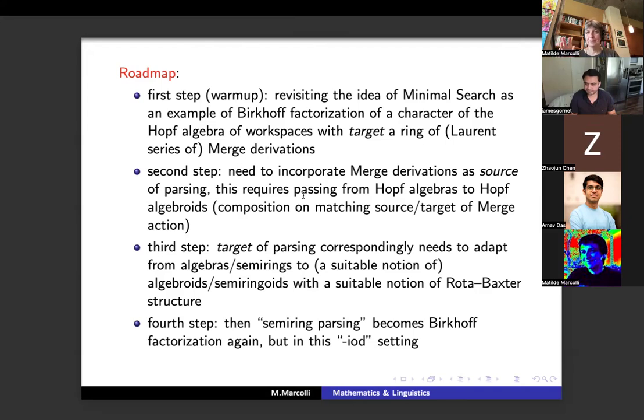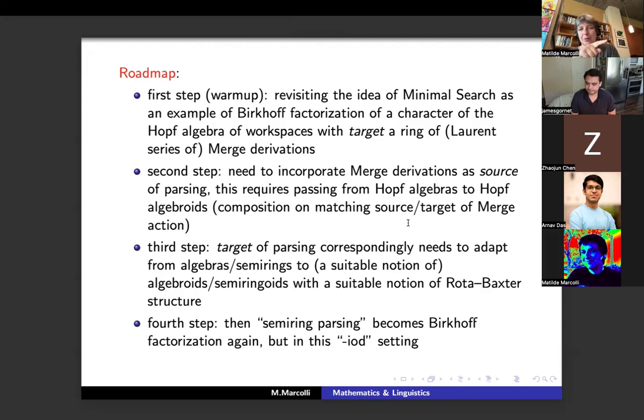rather than the target. So I want the source to not just be my built structures, but also the derivation steps that lead to that built structure. And so I will have to modify the Hopf algebra of workspaces, where the objects are the workspaces, not the actual operations that go from one workspace to another.